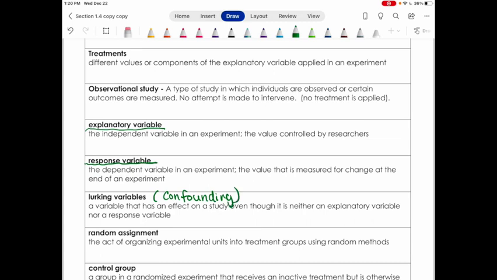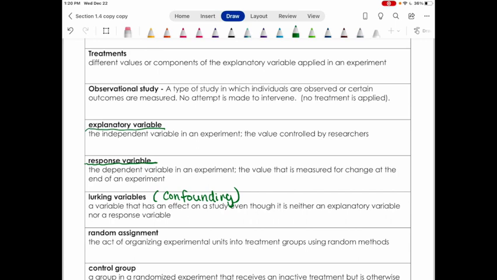These are variables that you did not take into consideration that pop up during an experiment and could cause your results to be inaccurate. So when you are designing your study, you want to try to eliminate all possible variables except what you're trying to compare.